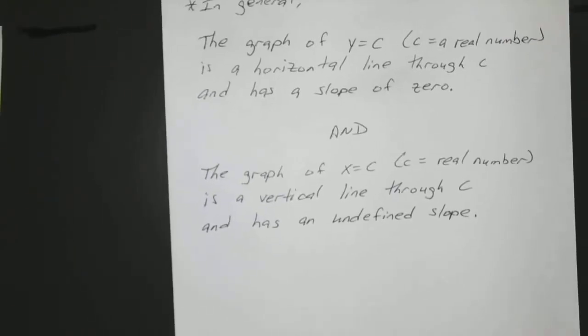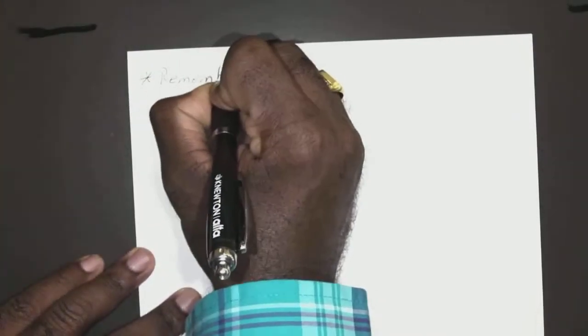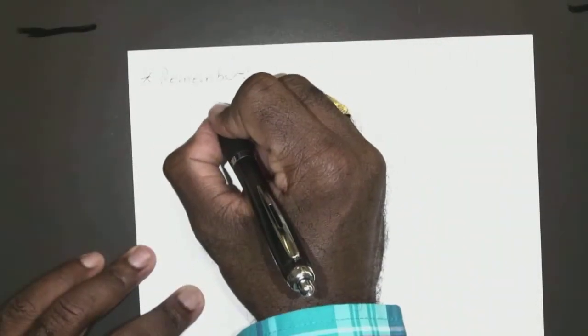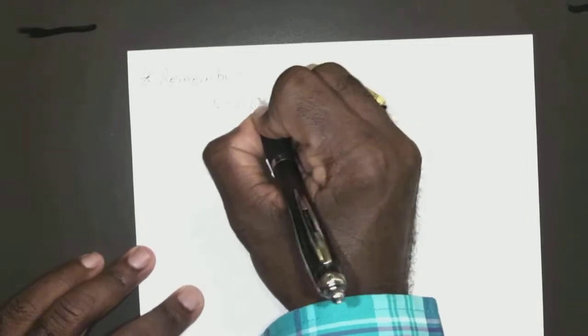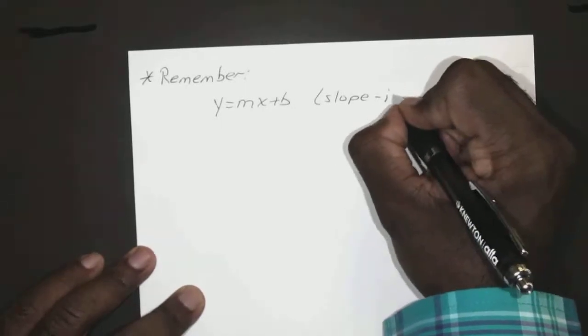Okay. Yep, I already did that one. Okay, so now if you remember, we just did, of course you should remember, it was like 2 minutes ago, y equals mx plus b in this slope-intercept form.